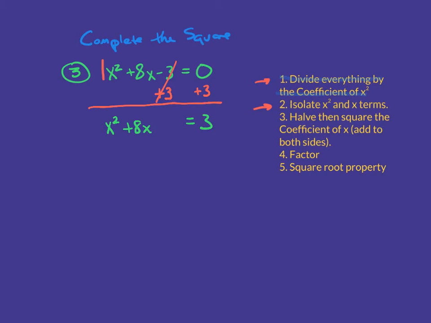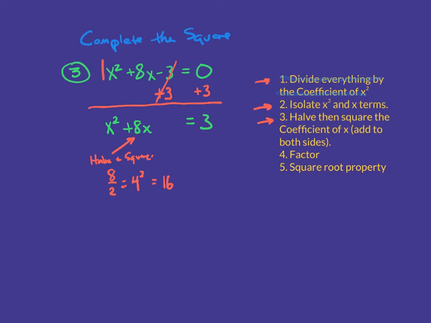And then the next step, we want to halve and then square the coefficient of x. This is the same thing that we did just a little while ago on examples 1 and 2. Basically, you're going to halve and then square the number that's in front of x. So half of it, you're just going to divide by 2. 8 over 2 is 4. Then you want to square it.